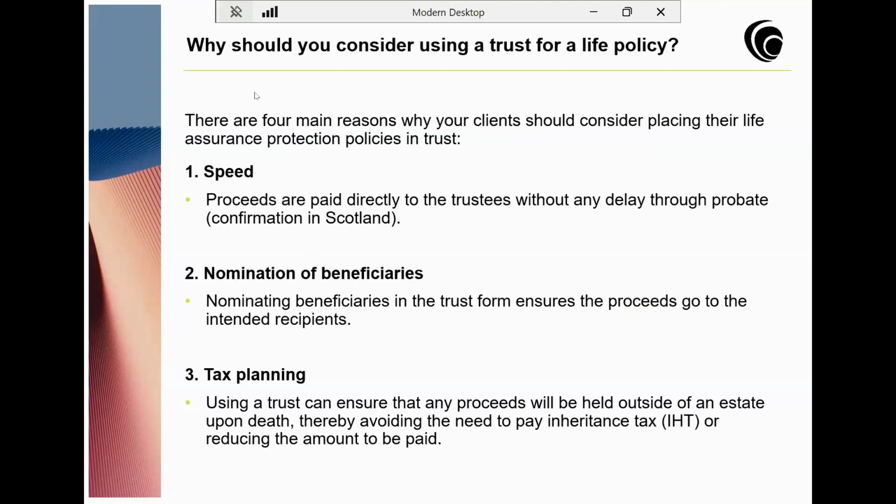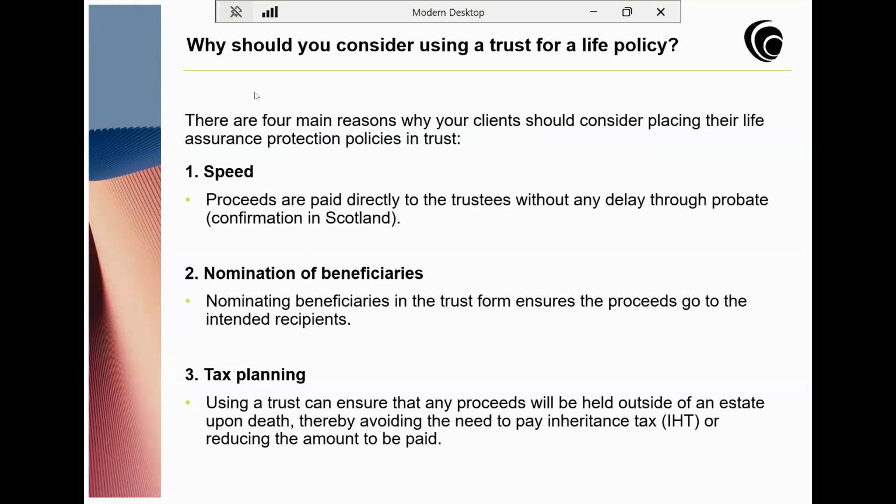So using life assurance is really the next thing I want to talk about. Life assurance is being used more and more for things such as inheritance tax planning, and therefore trusts associated to those. So the four main benefits of using the life policy: the proceeds can be paid directly to the trustees without the delay of probate.